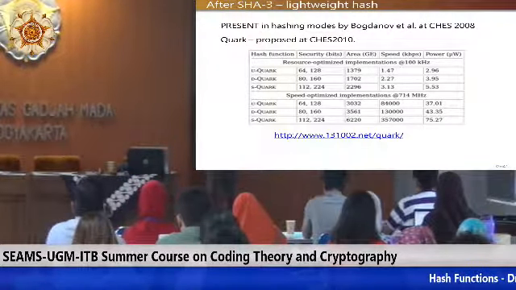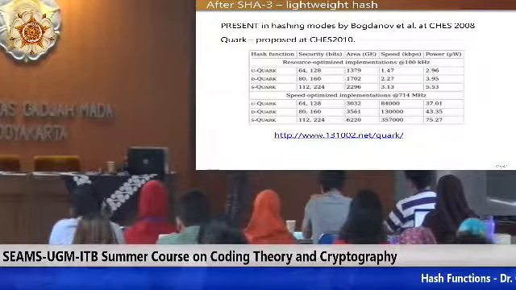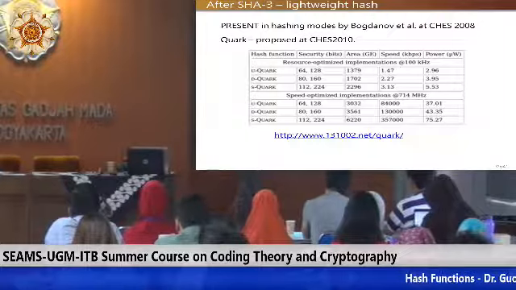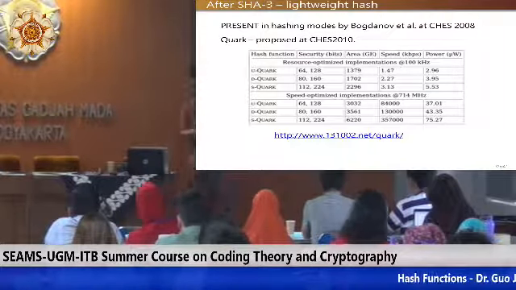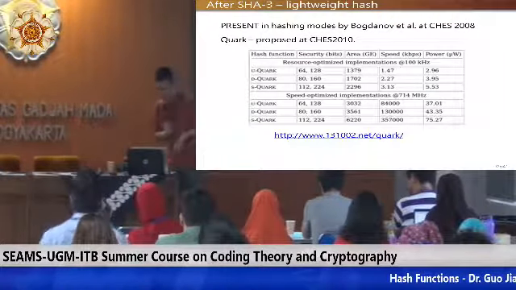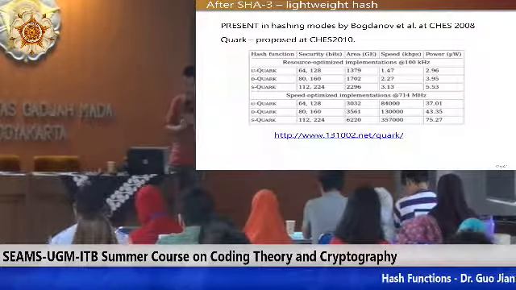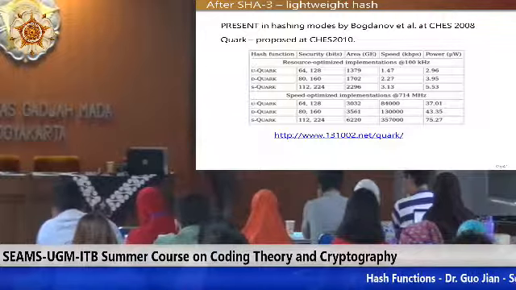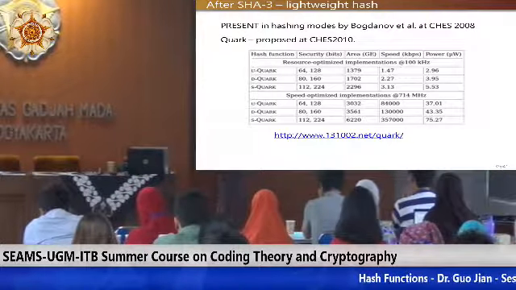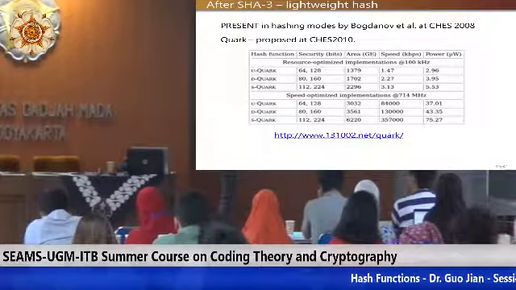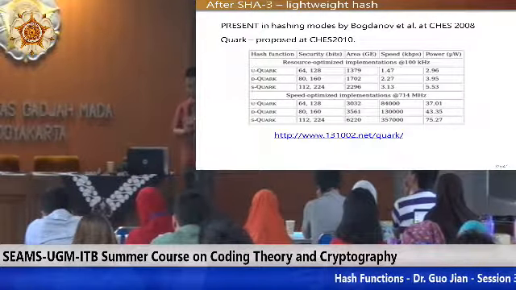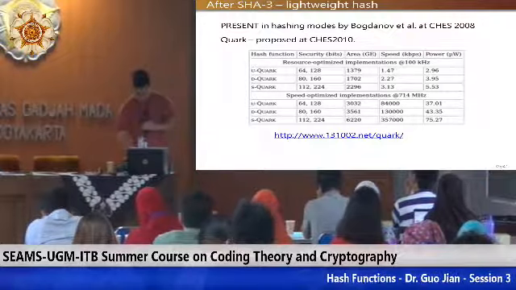That's quite sufficient for many use cases. And the area it takes is very small, 865 GE. So that's half of Quark. If you want a bit more security, you can choose larger variants like 128 or 160. Of course, then you will come with a bit more implementation cost.